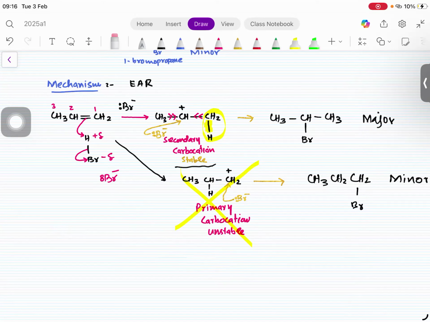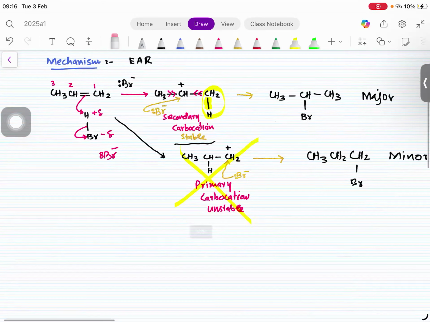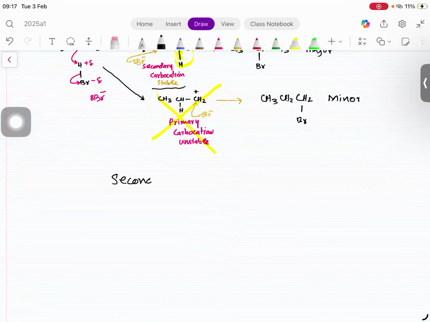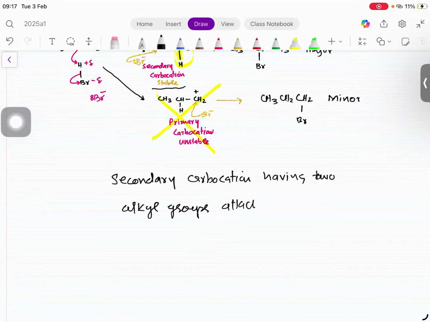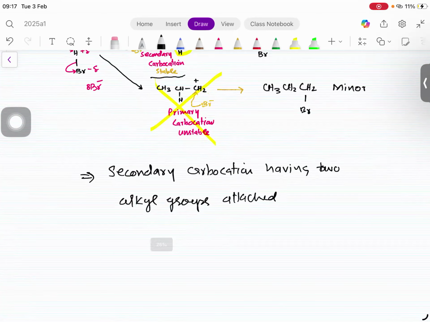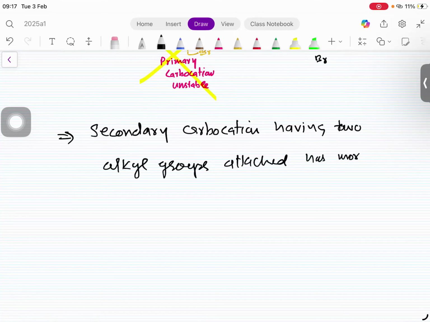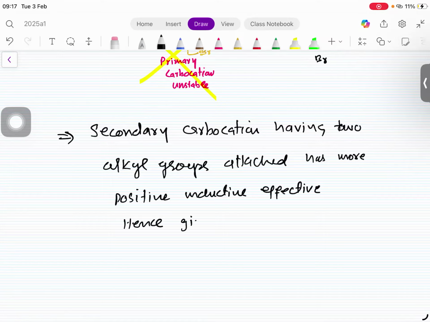We can write one sentence, please put it down: secondary carbocation, having two alkyl groups attached, has more positive inductive effect and gives stability to the carbocation.